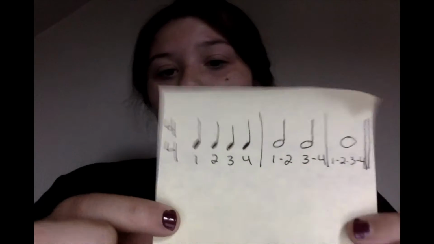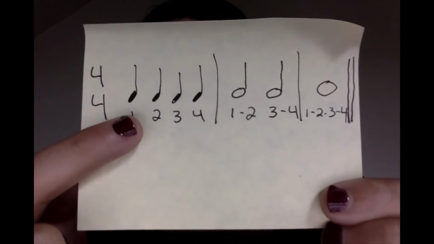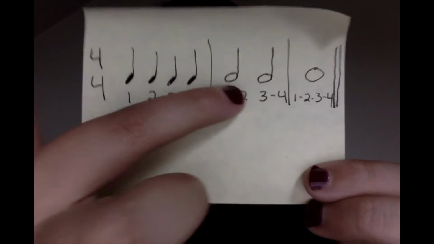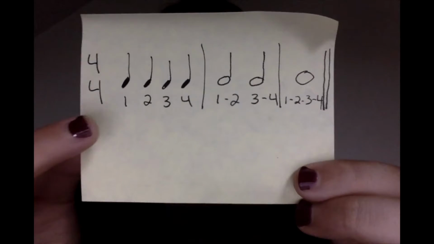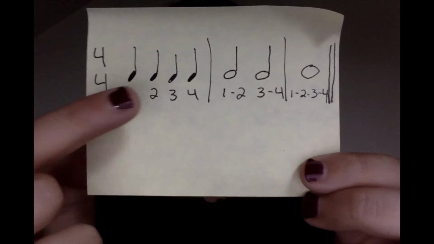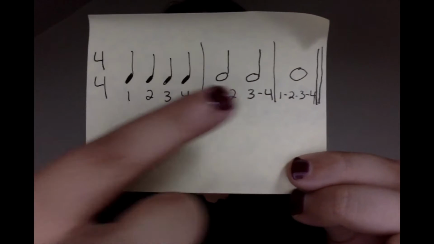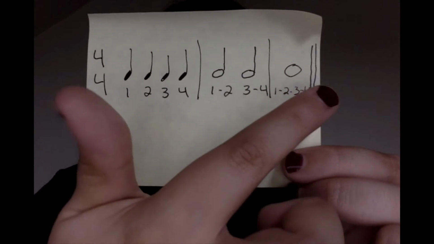So what we're going to do now is this little rhythm that I came up with. Here we go. You're going to say ta for the quarter notes, ta for the half notes, and ta for the whole note. Ta, ta, ta, ta, ta, ta, ta.